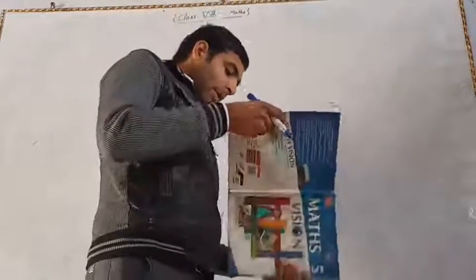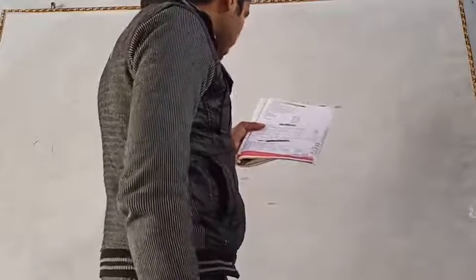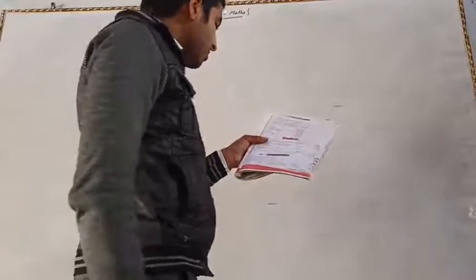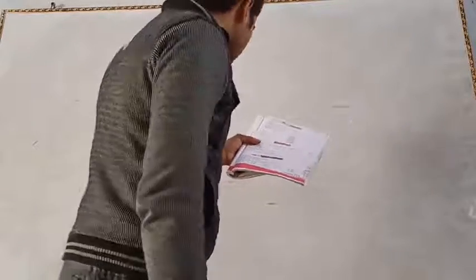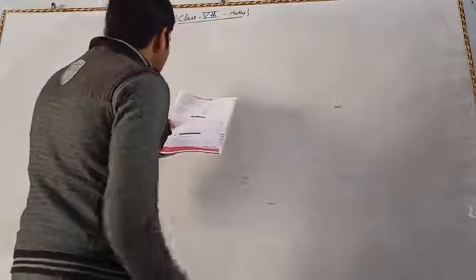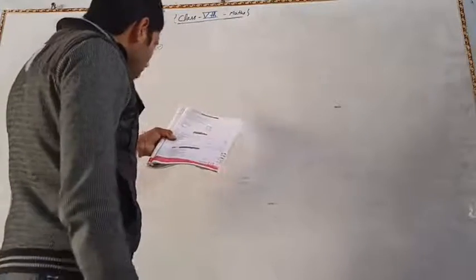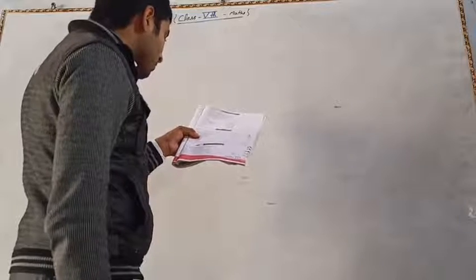Again, in problem number 2, a thermometer is given. Shreya was not feeling well, so her mother took her temperature with the given thermometer. Read the thermometer and answer the following. First question, the first part of problem number 2: what was her temperature?